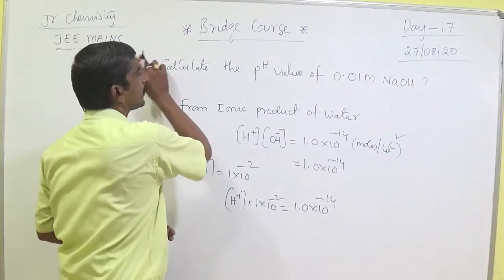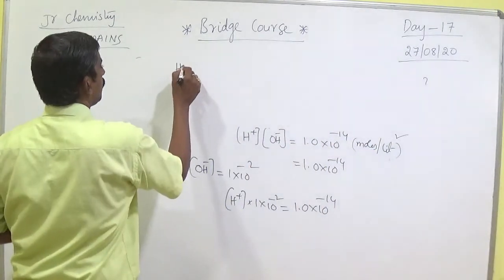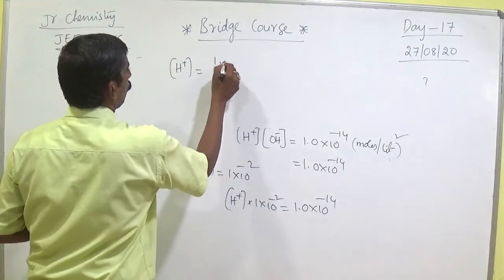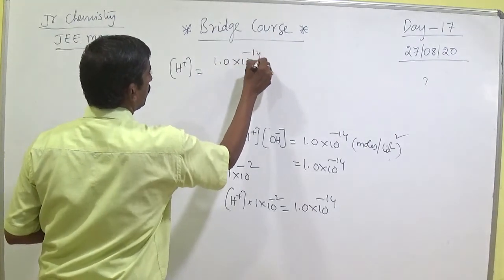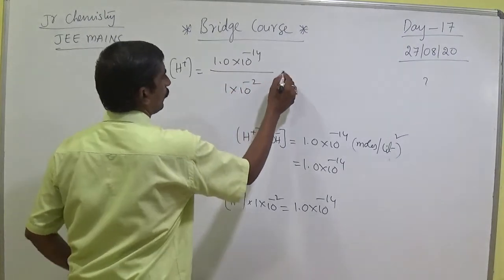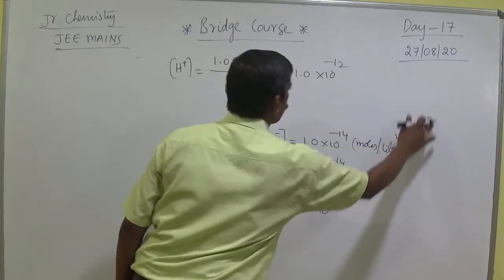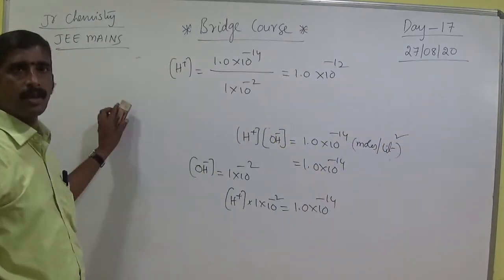After that, H plus equals 1 into 10 to the power minus 14 divided by 1 into 10 to the power minus 2. Finally, 1 into 10 to the power minus 12. 10 to the power minus 12, that is the H plus concentration.